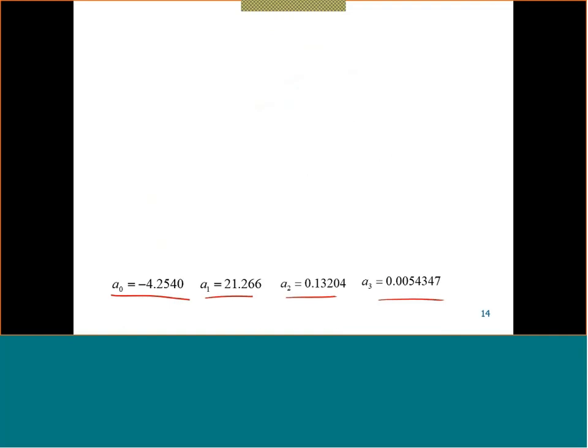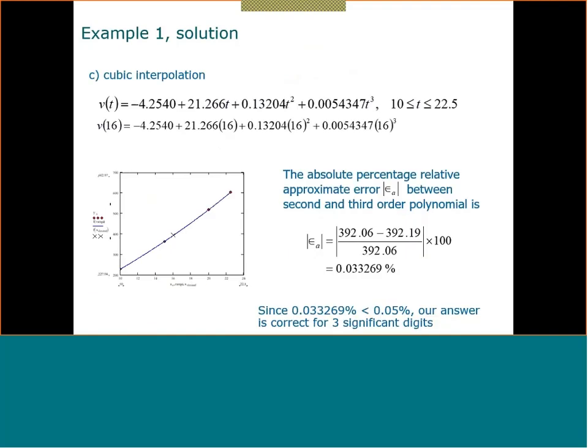Now, one interesting thing you start to notice here: as you start to increase the order of the polynomial, what will happen to the coefficients? See, this is the linear, this is the second order, this is the third order.